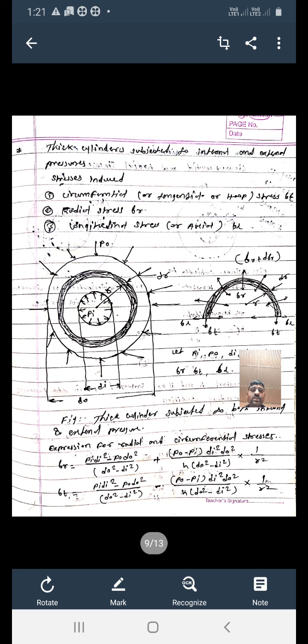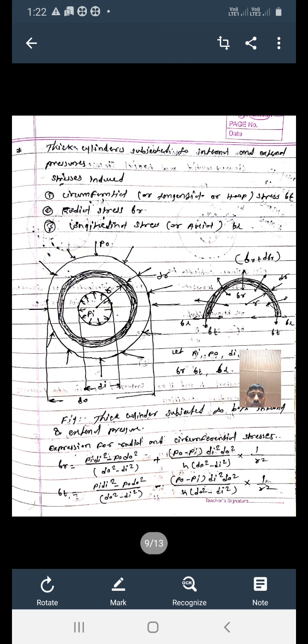And tangential stress, sigma T is equal to (Pi di square minus Po do square) divided by (do square minus di square), minus (Po minus Pi) di square do square divided by 4 (do square minus di square) into 1 by r square.